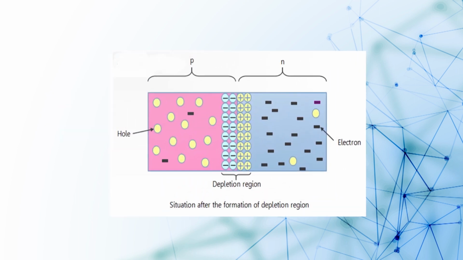This can be made more clear with this diagram. Here the positive ions get accumulated around the n region, and the negative charges get accumulated on the p region. So, this figure shows the equilibrium condition, and this situation is formed after the depletion region is formed and completed.